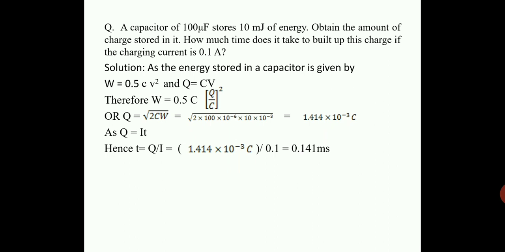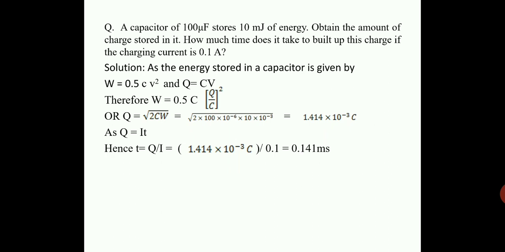Come to the solution part. As the energy stored in the capacitor is given by W is equal to half CV square and charge Q is equal to CV, from these two relations you get Q is equal to root over 2CW. By putting the value of C, that is the capacitance value 100 microfarad, and W, that is the energy 10 millijoules, you finally get the answer 1.414 into 10 to the power minus 3 coulomb.